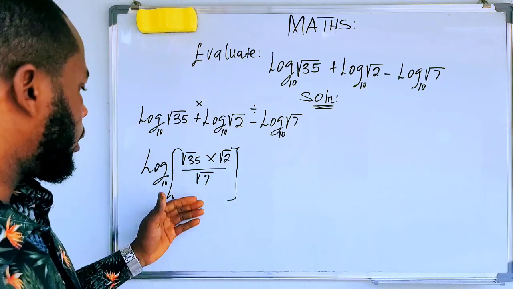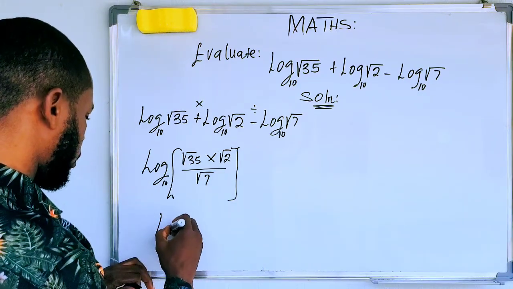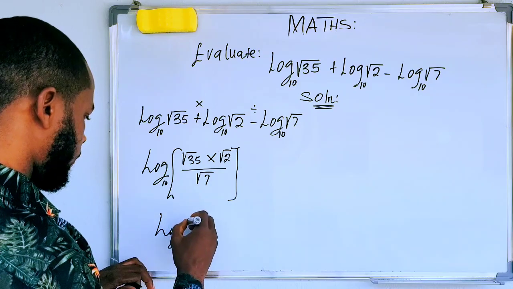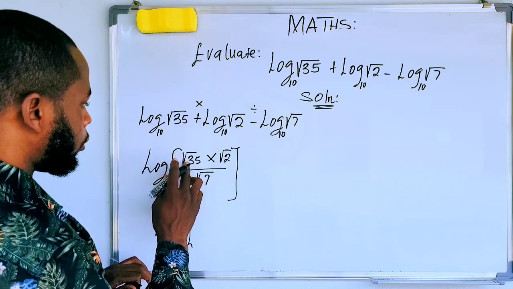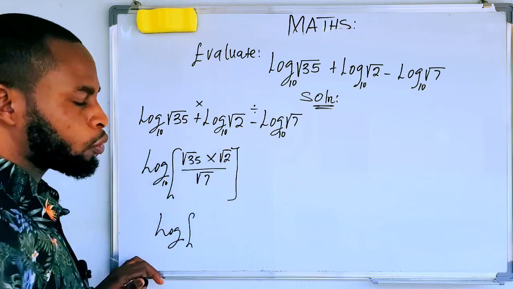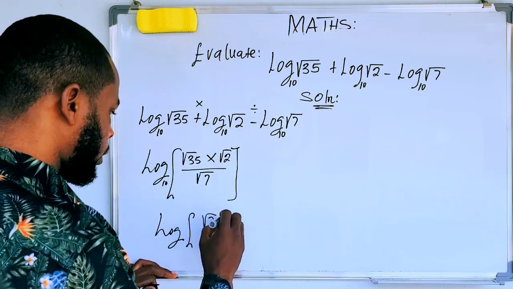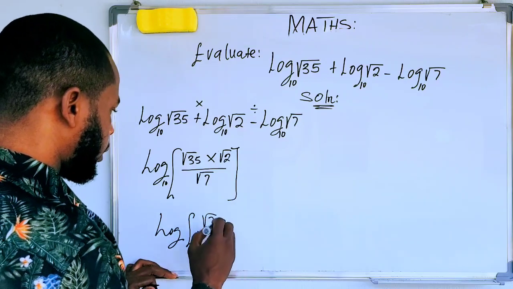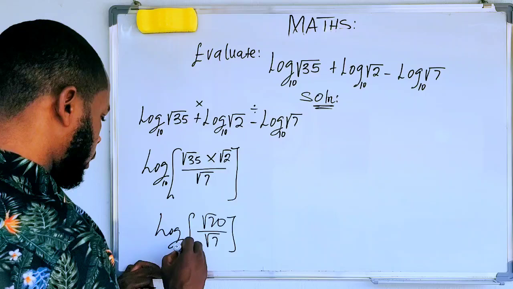Now we simplify this further, and we're going to have log of root 35 multiplied by root 2, which gives us root 70, then divided by root 7, to base 10.